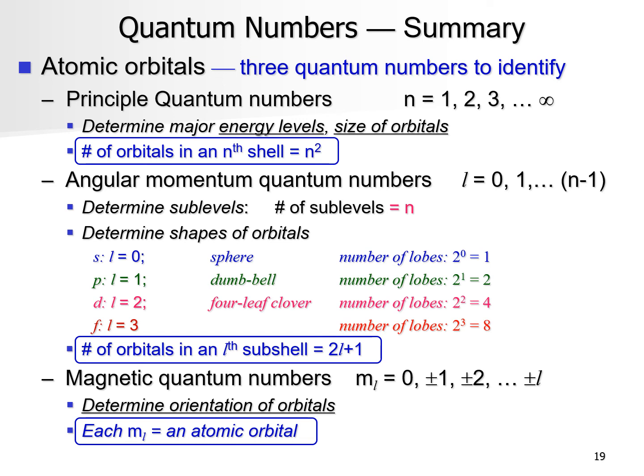It determines the energy and the size of our orbitals. The number of orbitals in a principal shell is n squared.